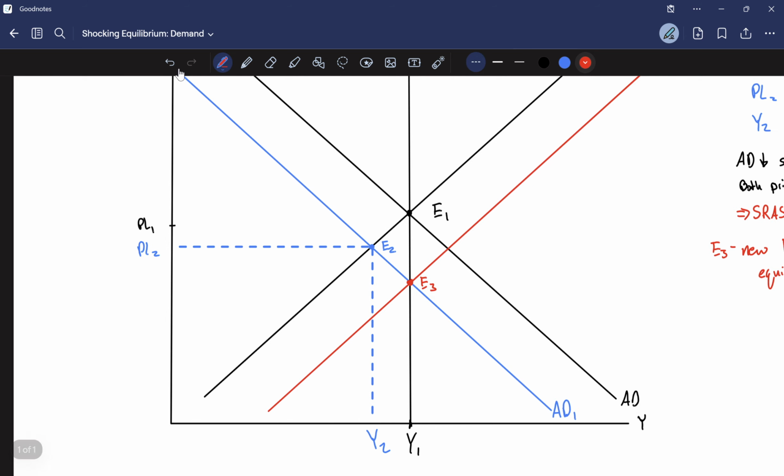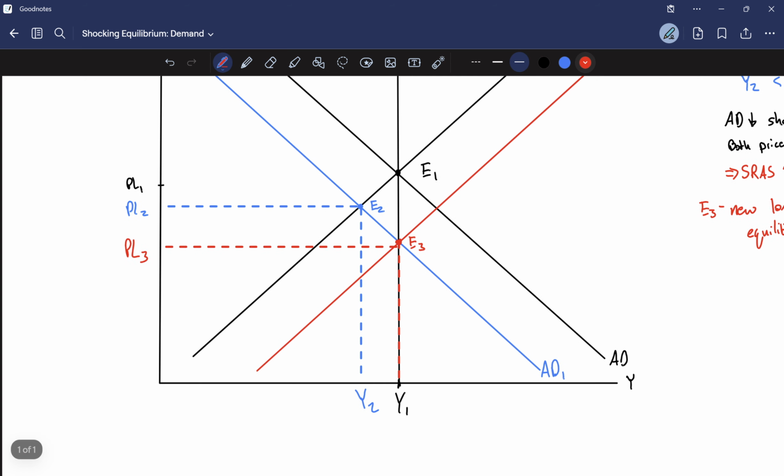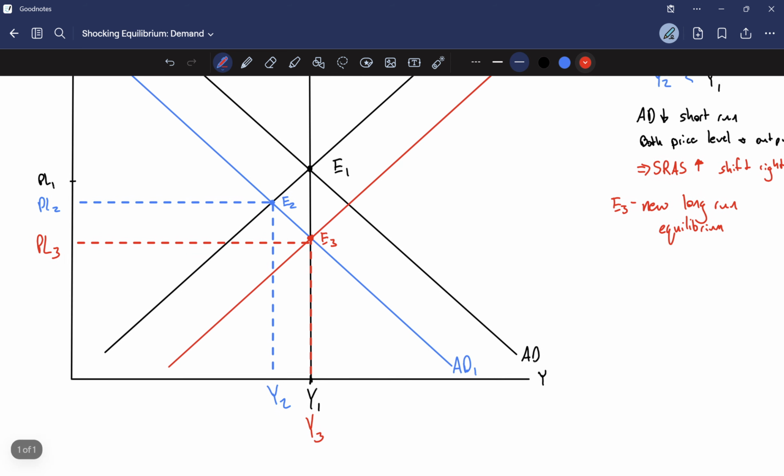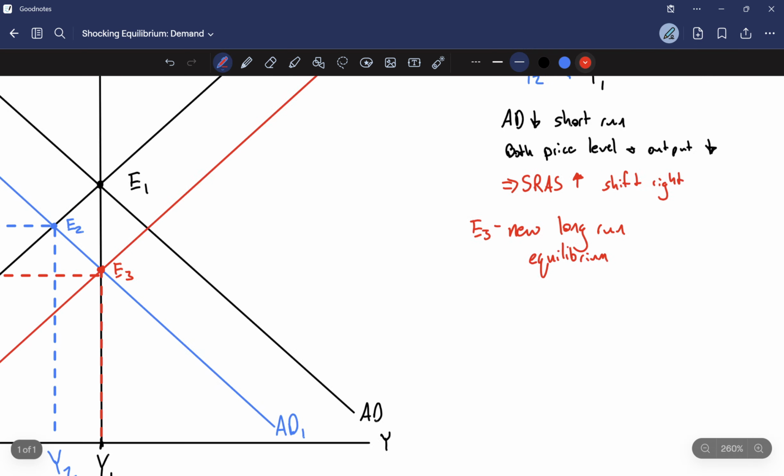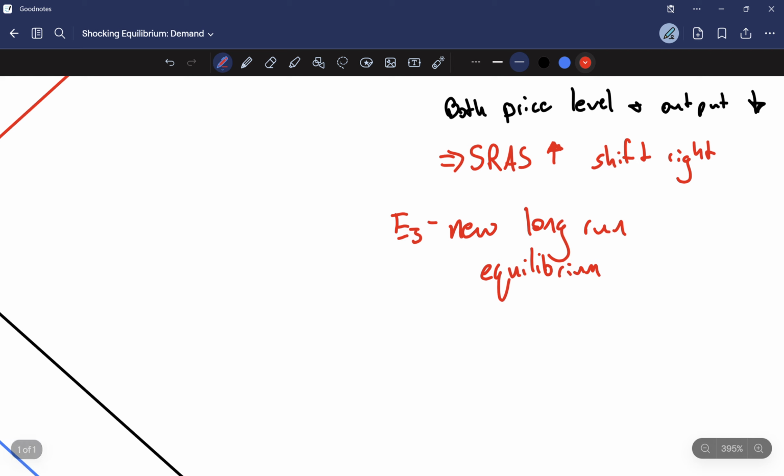What can we notice about E3? Well, let's check our price level and output. We'll see that price level, call it price level 3. Price level has gone down again, but output has increased to the point where initial output and new long run output are equal. So PL3 and Y3.